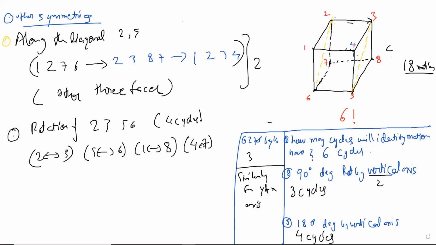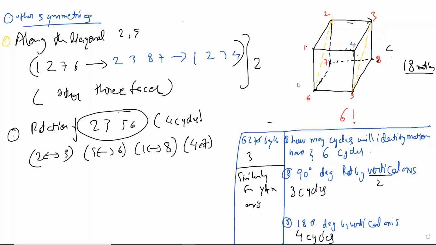1, 7, 2, 4. No, that will not be a plane. That will become 1, 7, 8. Yeah, that's a plane, that will be a slanted plane. We have taken that because that will be similar to this one. This 2356 is easy. 2356, let's say the 26 is a diagonal of the face 127.